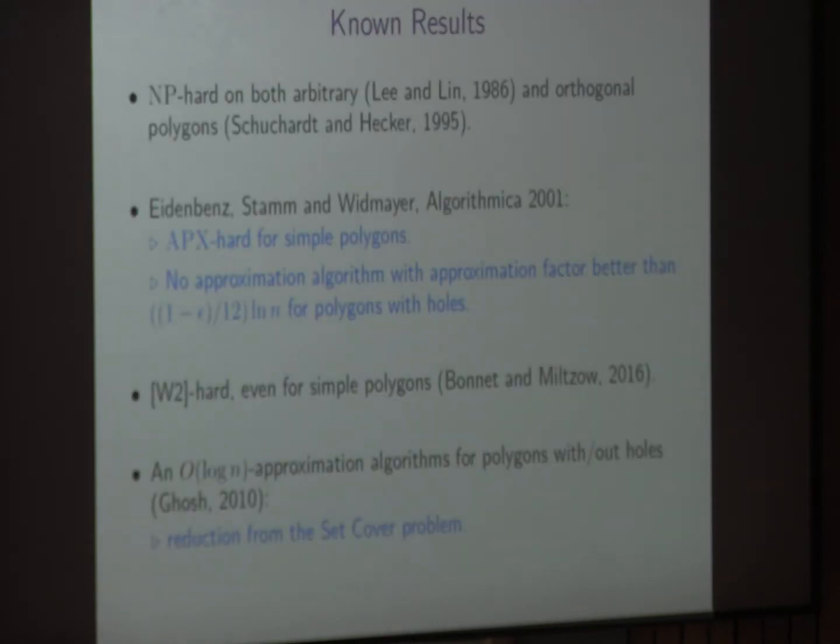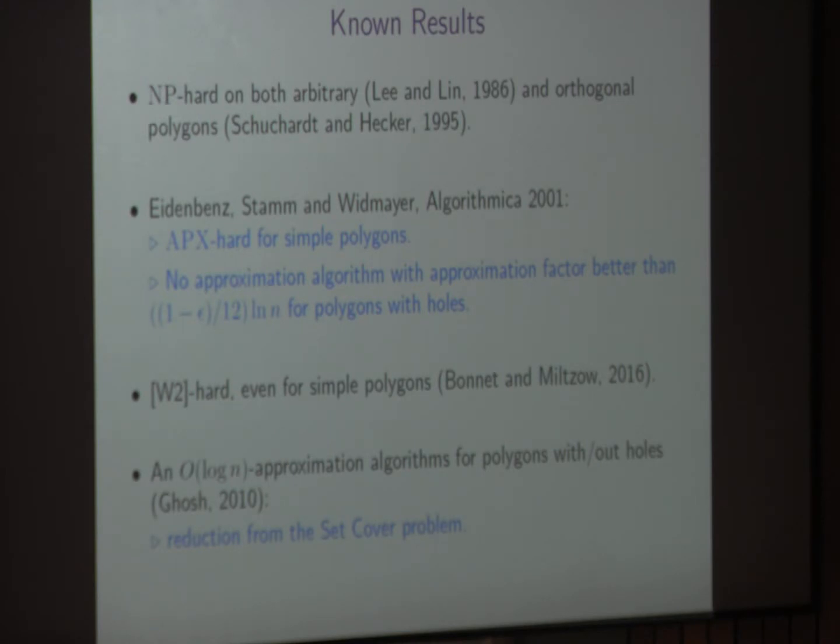As I said, this is a well-known problem. It's known to be NP-hard in both arbitrary and orthogonal polygons. Orthogonal meaning that the edges of the polygon are either horizontal or vertical, so they're restricted to axis parallel.